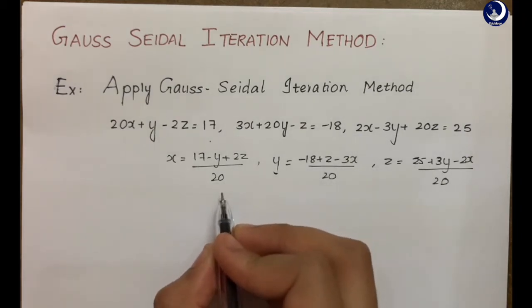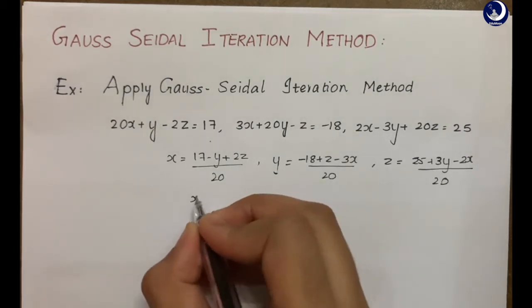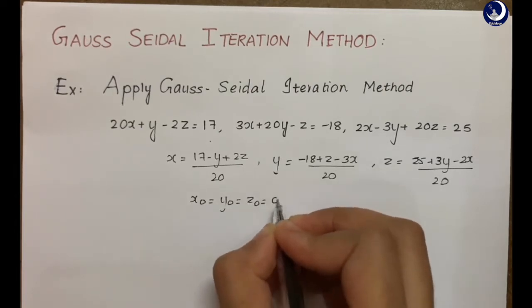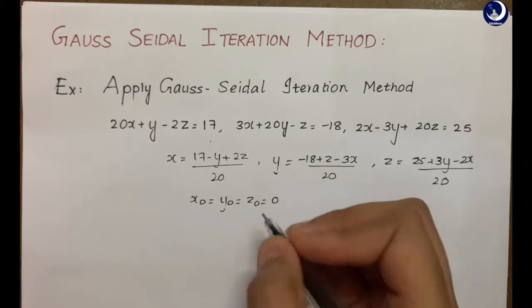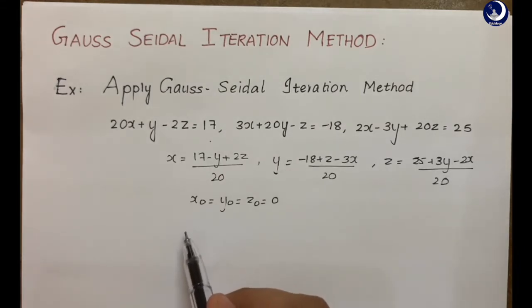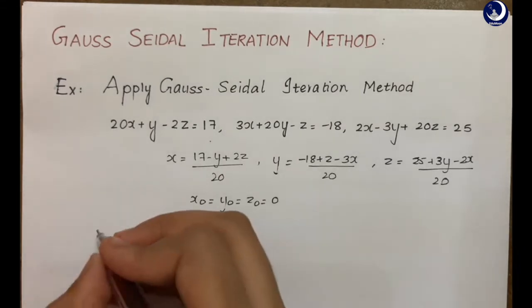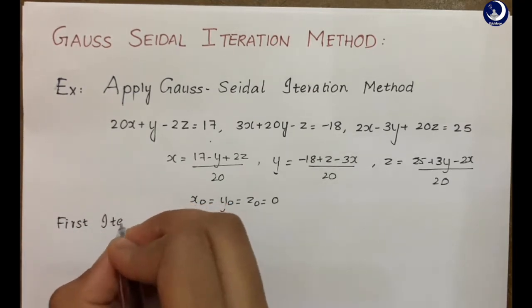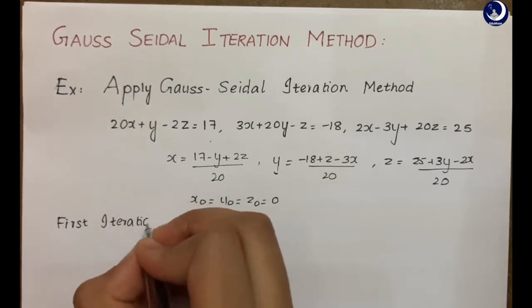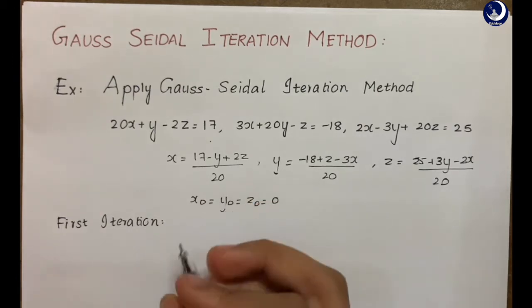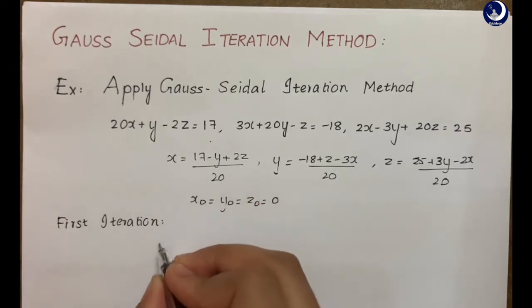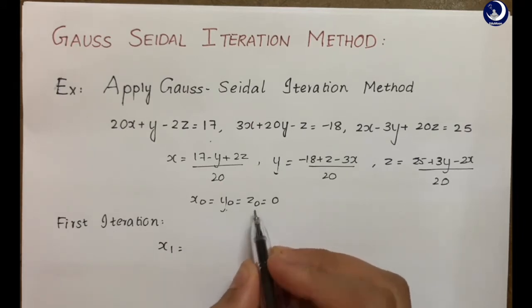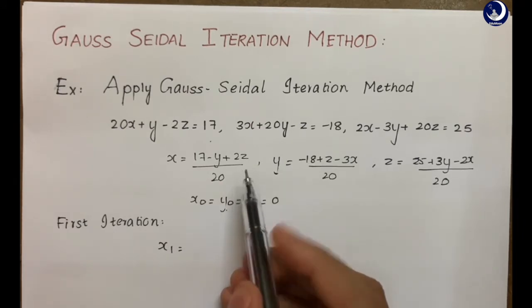Let's take x0 equal to 0, y0 equal to 0, z0 equal to 0. First, let's find the first iteration variable values. For the first iteration, we'll be substituting the y and z values in this equation 1.